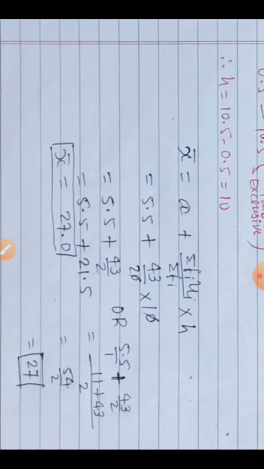When we prefer this, we already discussed: whenever you want to find the mean fast, or you feel that the data is quite long or complicated, at that time this method is best. And one more point we noticed: whenever there is a missing frequency sum and we want to find the missing frequency, and the mean is given, at that time also we always prefer the step deviation method.